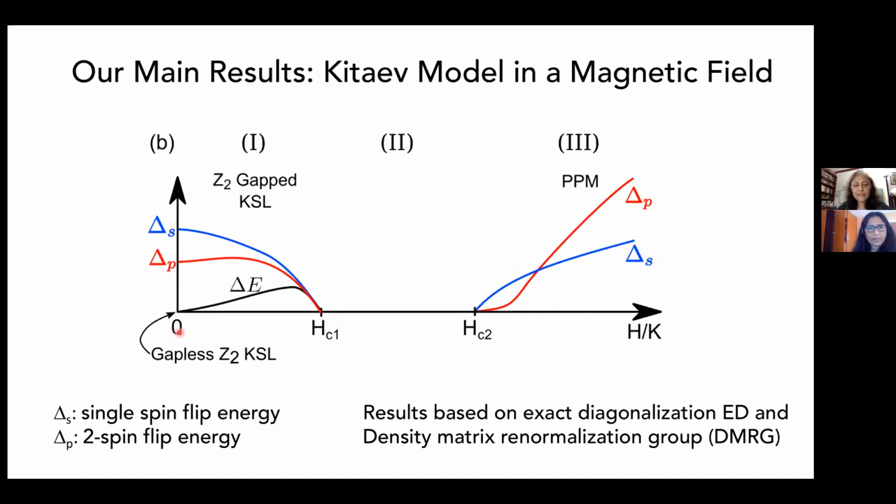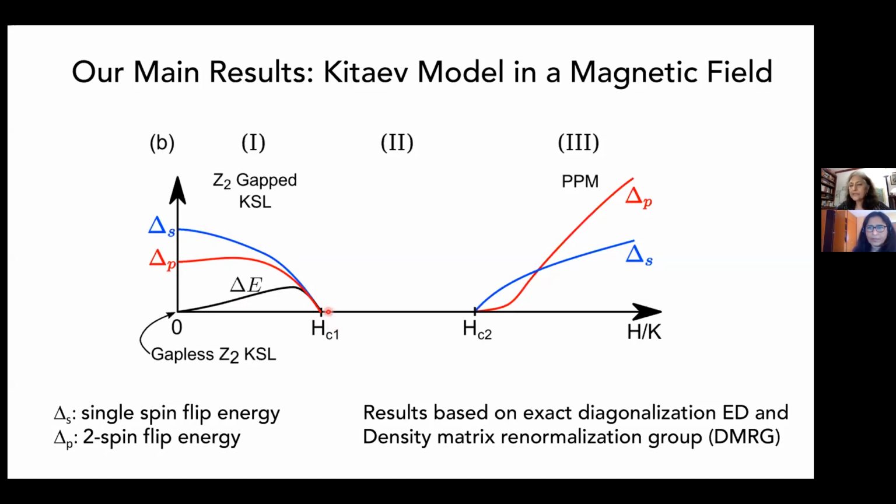At zero field, this is the Z2 Kitaev spin liquid. As the field is increased, a small gap opens up in the Majorana spectrum. At the same time, the flux gap starts to decrease. And at some point, the flux gap goes to zero, and that defines HC1.